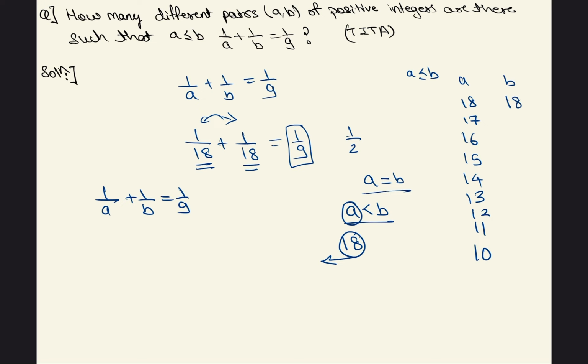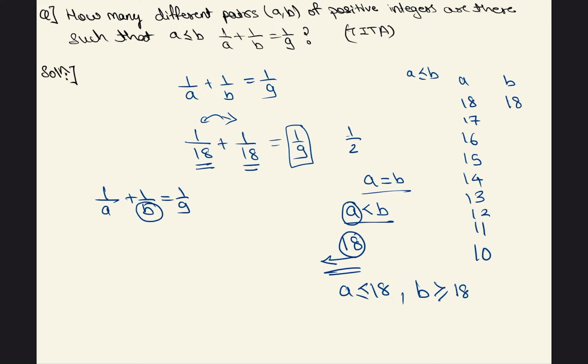If a has to be less than or equal to b, then the maximum value that a can take is 18, which also means that b has to be greater than or equal to 18.